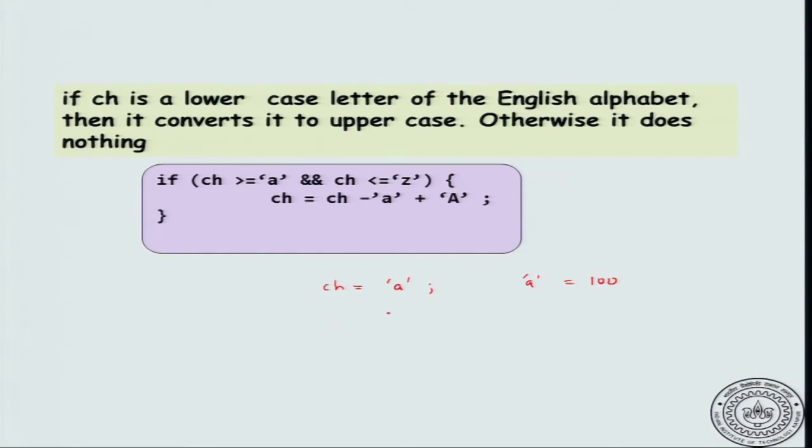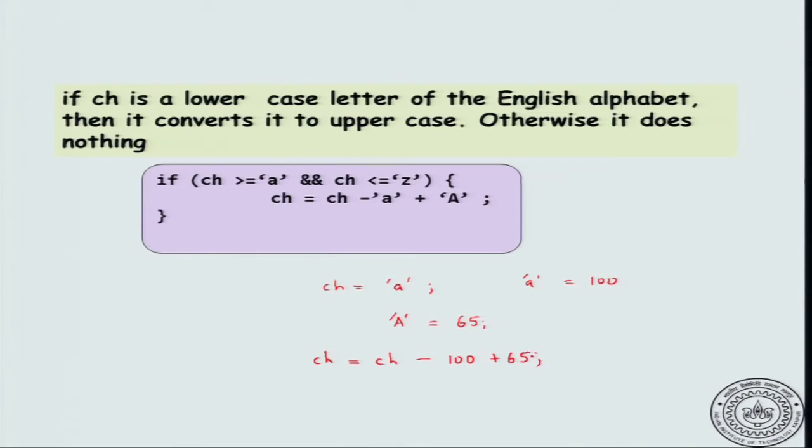Now, what does capital A represent? It represents some ASCII value, let us say 65. So if the given character was little a, what I would do is I would say character equal to ch minus 100 plus 65.